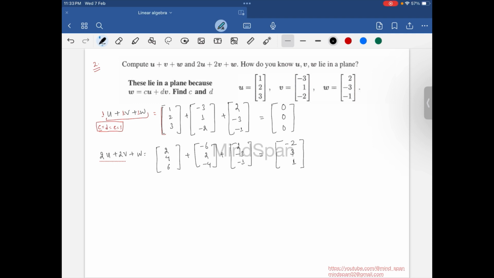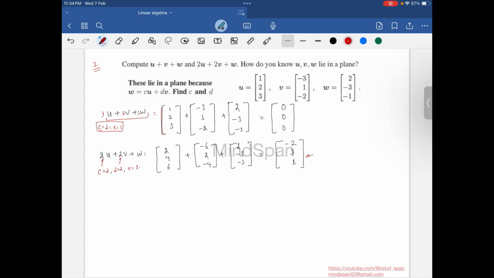Right, so you see here we have taken some specific values of c, d, e, that c is equals to 2, d is equals to 2, e is equals to 1, right? And we are taking the linear combination, and what we are getting is this, right?